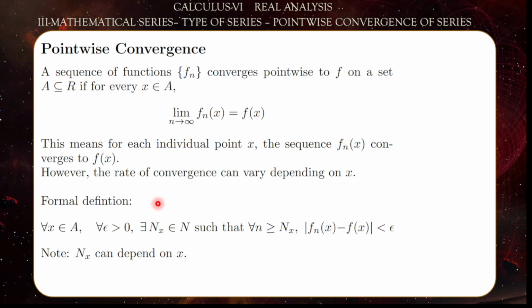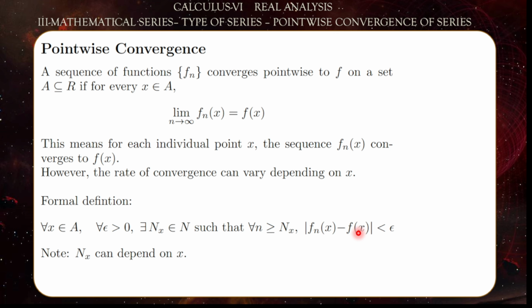The formal definition is: for all x within A, which is a subset, like a smaller interval within a larger interval, and for all epsilon greater than 0, a very small number, there exists N(x) within the natural numbers such that for all n greater than or equal to N(x), the difference between fn(x) and f(x) is very small. So they converge, like they approach each other.